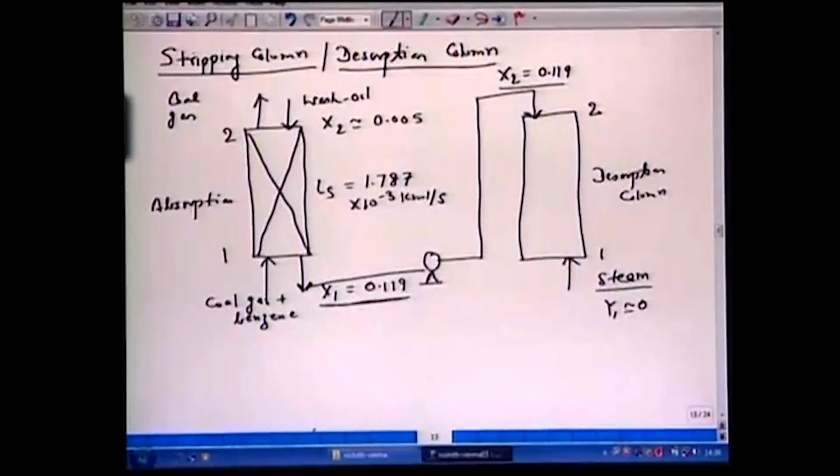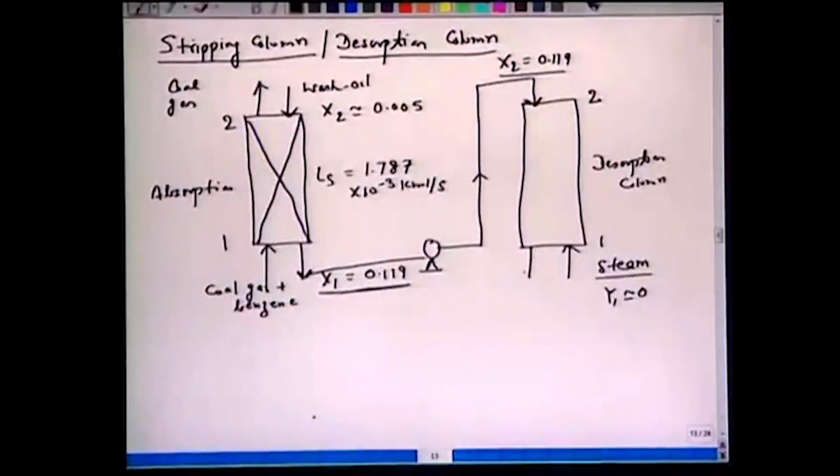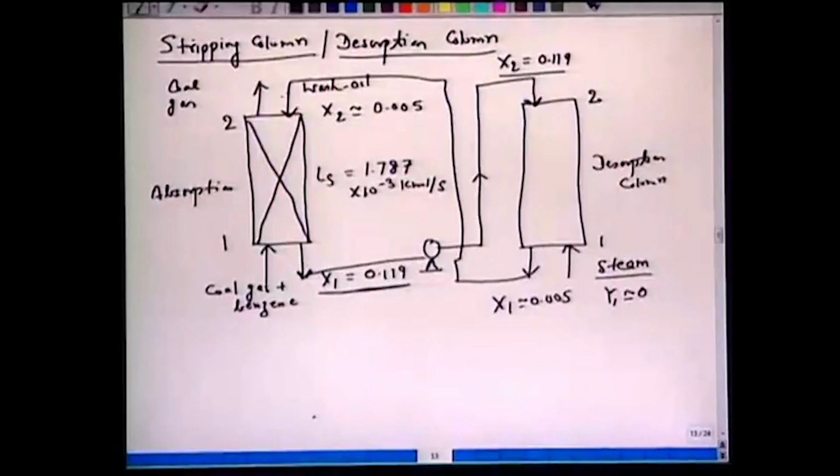This steam is used countercurrent to this liquid to clean the benzene, so that this fluid, which now contains x1 as 0.005, can now be fed to this absorption column.